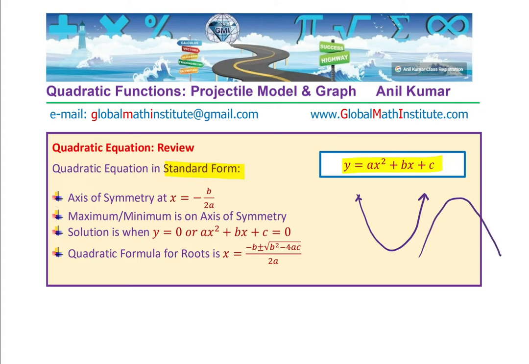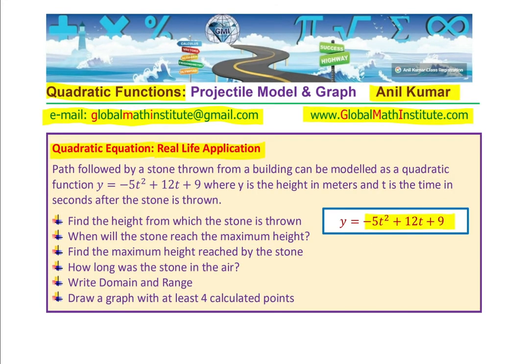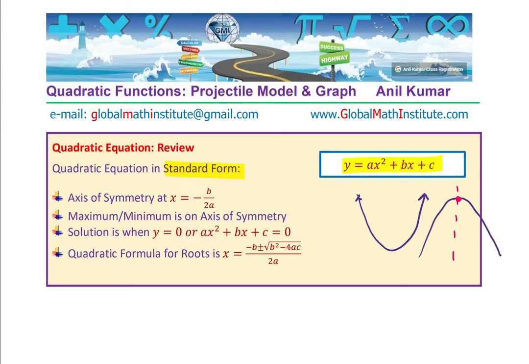The vertex, which is on the axis, provides the maximum height. So in this question, where we need to find the maximum height, we need the formula to figure out the axis. And this axis of symmetry is at x equals minus b over 2a when the equation is given in standard form.